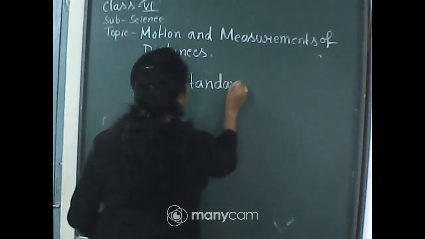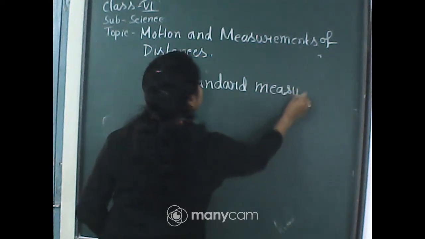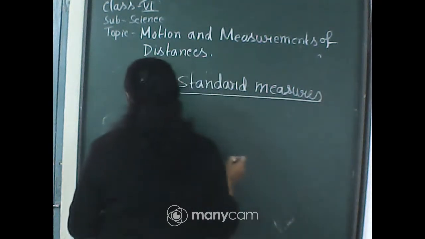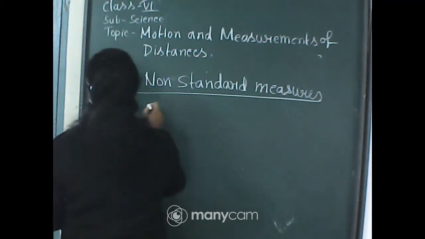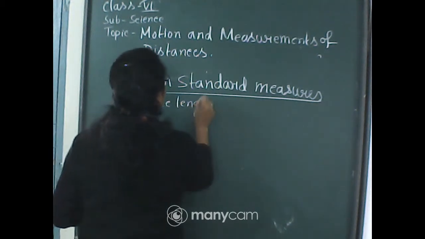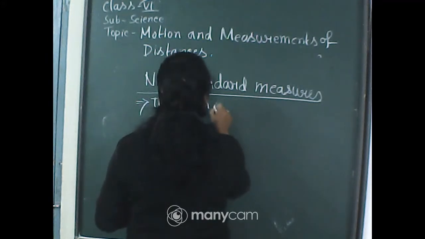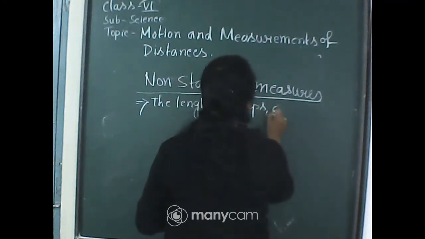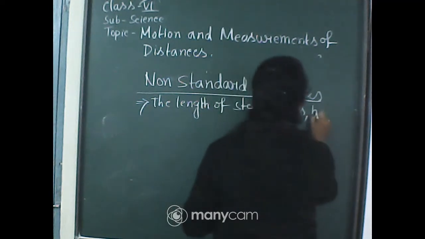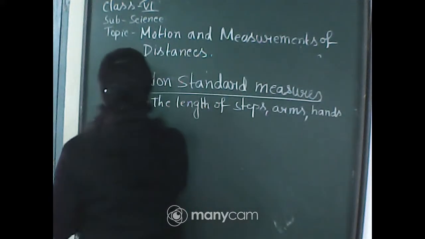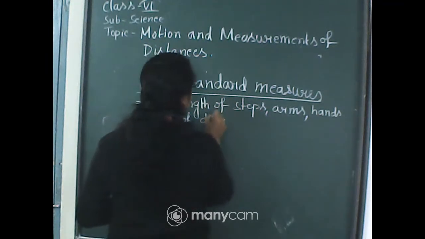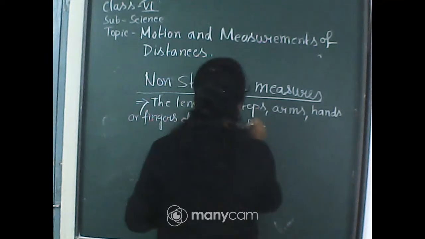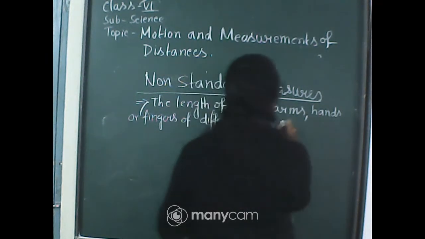Non-standard measures. Here you can write the point: the length of steps, arms, hands or fingers of different people are different.